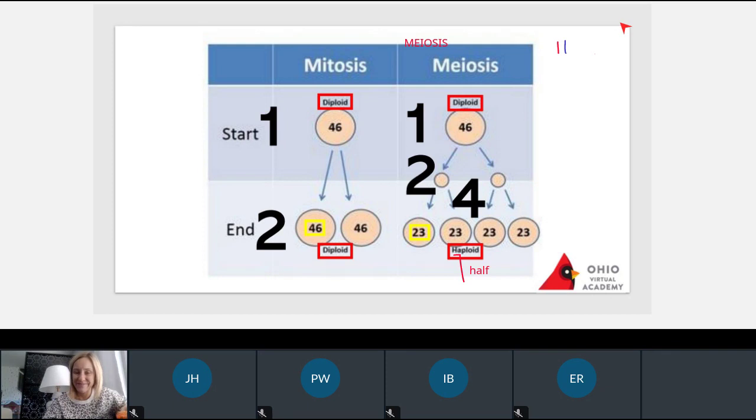Heard of Down syndrome? Down syndrome is a chromosomal abnormality in which someone has actually 3 chromosomes in their 21st pair. So instead of having 2 21st chromosomes, they actually have 3.